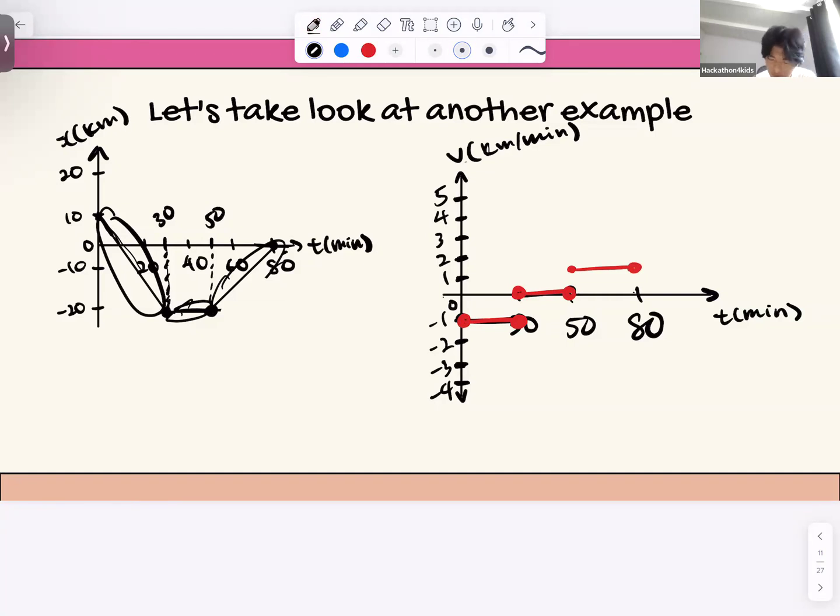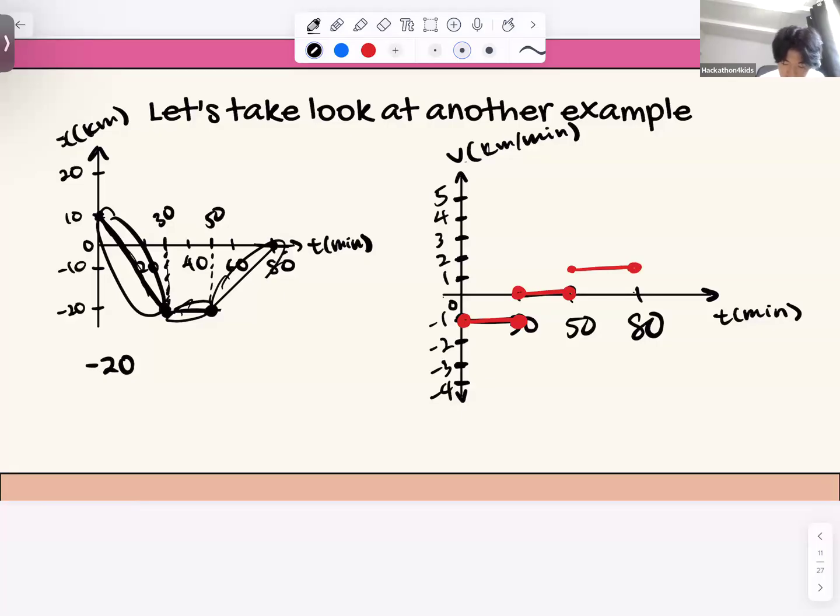So for those who did not understand how we got to this point, I will walk through it really quick. Okay, so on this downward straight line, let's find the slope of that because we know that is the velocity. Okay, so this downward straight line, let's find the slope of that because we know the velocity from 0 to 30 minutes then. Okay, so they start at 10. Wait, no. They end at -20 kilometers.